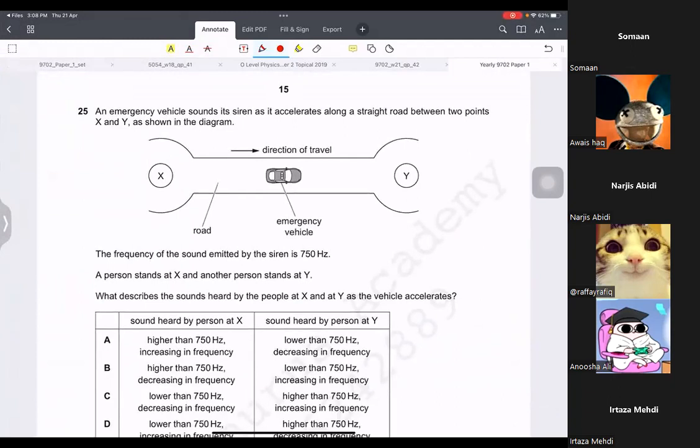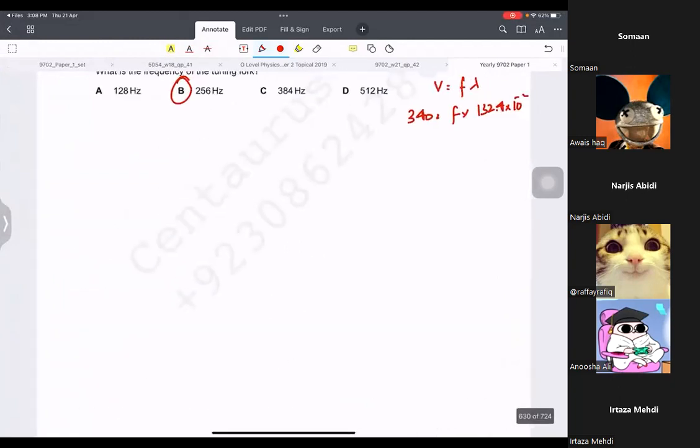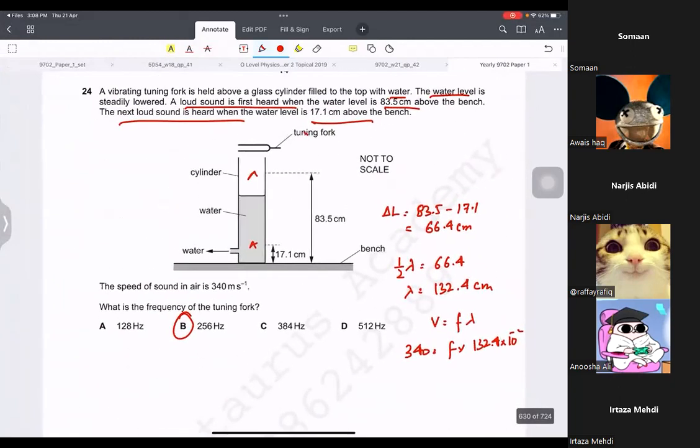Now going back. Emergency vehicle. Wait, one second. I don't get the question. Yeah, okay. So it's saying that the stationary wave formed at 85, first one. So loud sound was heard, which means antinode was formed. And the next one formed here. Isn't the bottom a node? It is not.